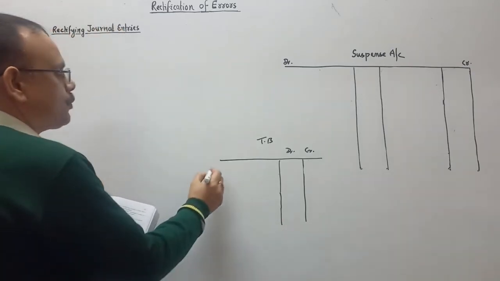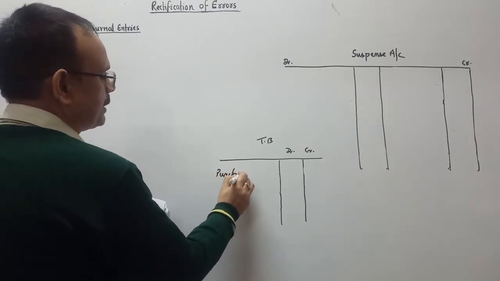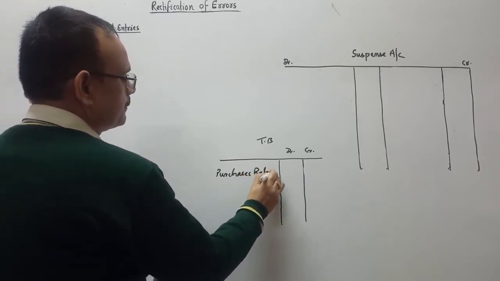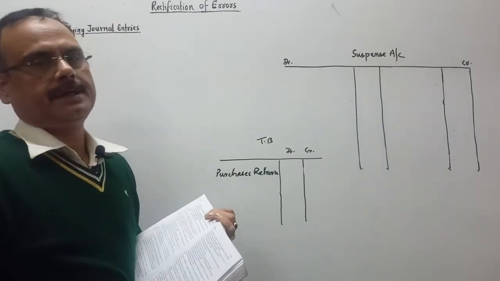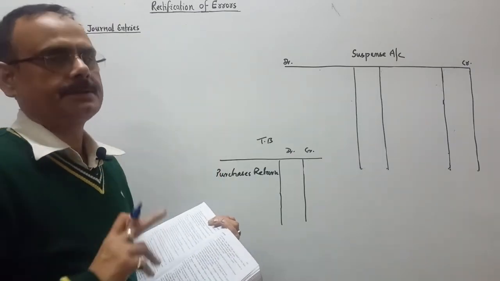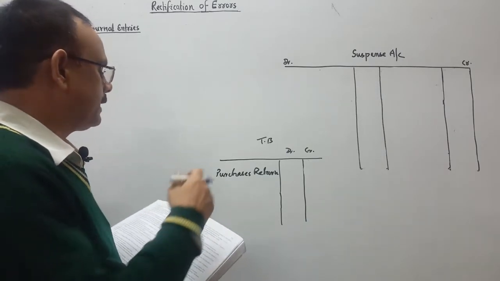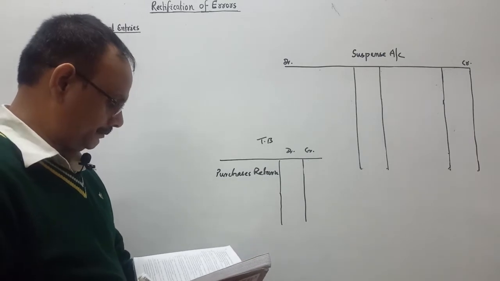It is purchase return. Purchase has a debit balance, so purchase return is credit.